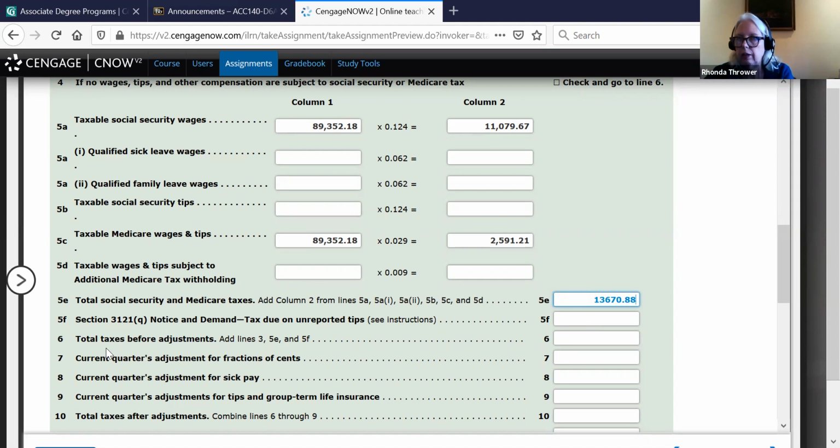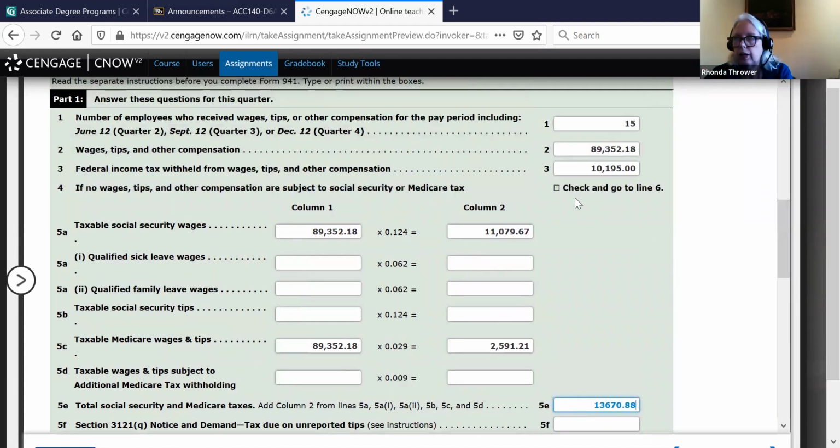Then we're going to move to line 6, total taxes before adjustments. We're going to add lines 3, 5E, and 5F. So let me scroll back up so you can see line 3 was $10,195. That federal income tax is added to the Social Security and the Medicare tax that we found here.